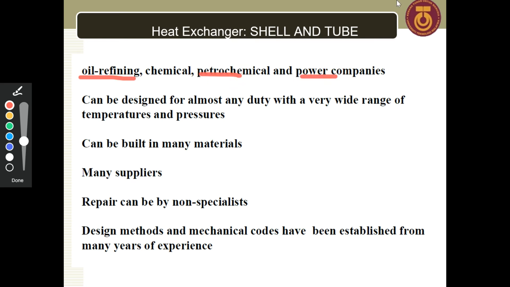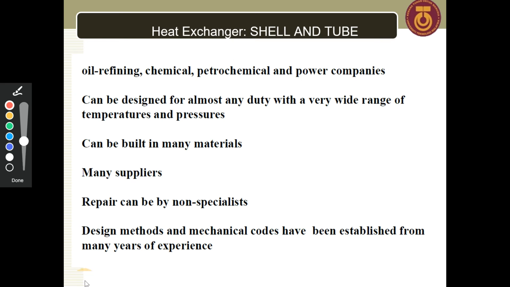Normally a shell and tube has very high duty, it can withstand high temperature and pressure, it can be built from many materials, and the design has already been established. So shell and tube is one of the most important designs of heat exchanger, right?